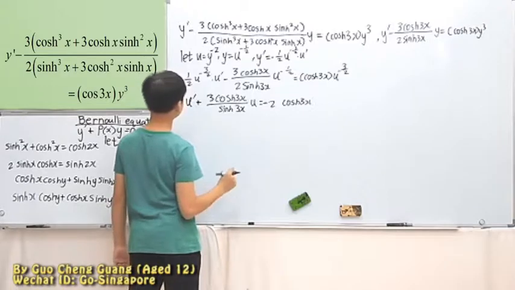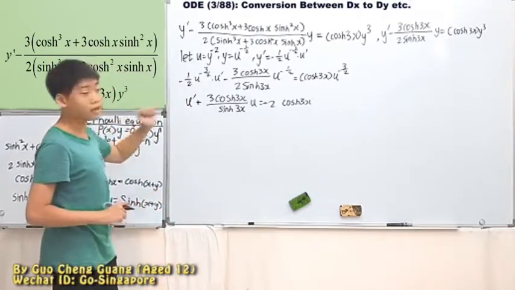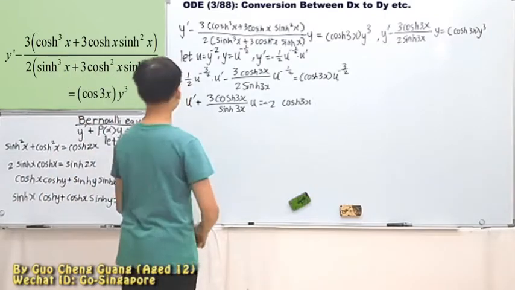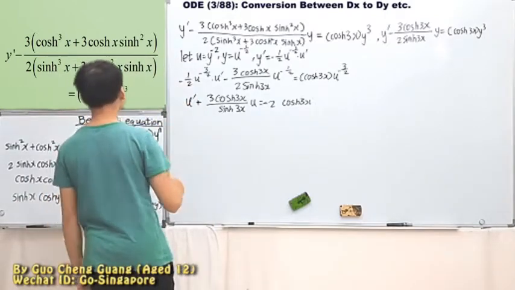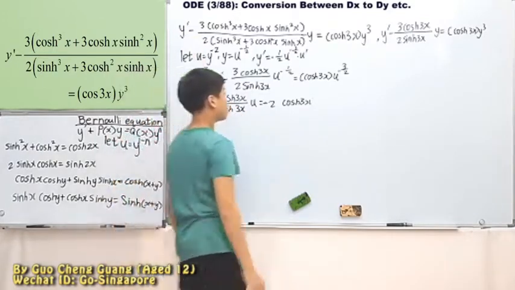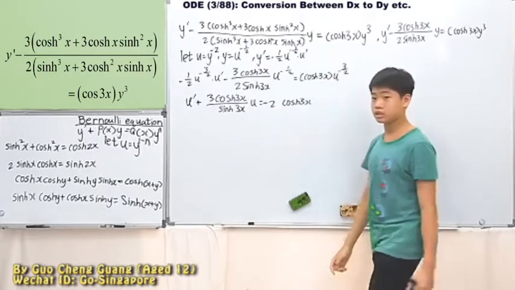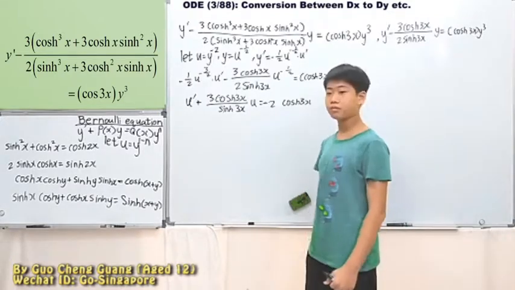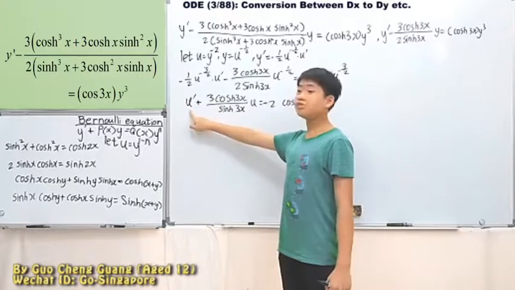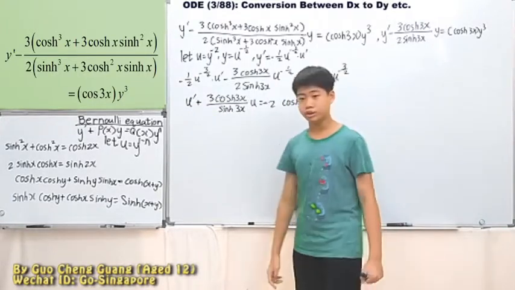Next, what do you have? Wait, let's take a look at the changes that have happened. At first, our ordinary differential equation was first order, non-linear, non-homogeneous. Next, breakdown, first order, linear, non-homogeneous.